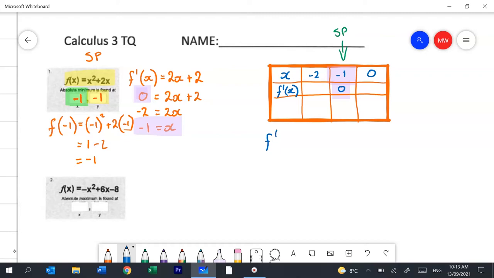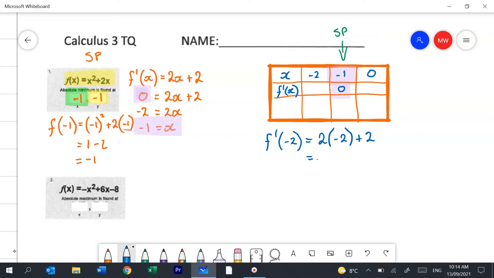So we'll go f dash of x, but this time x will be minus 2 in the first instance, because we're trying to find what this value here is. And so I've got 2 times x plus 2.